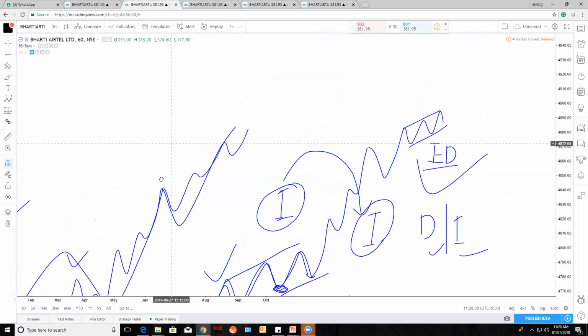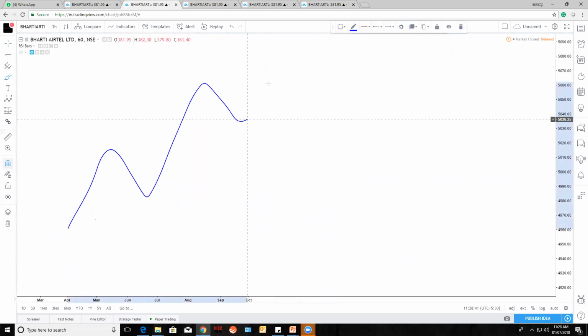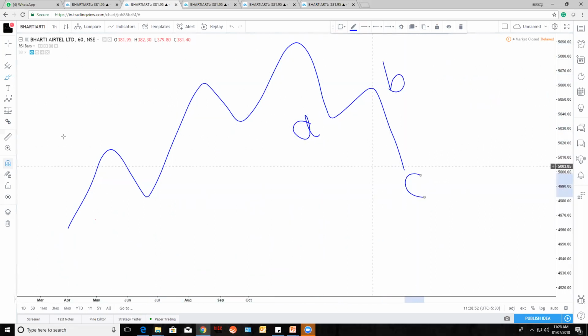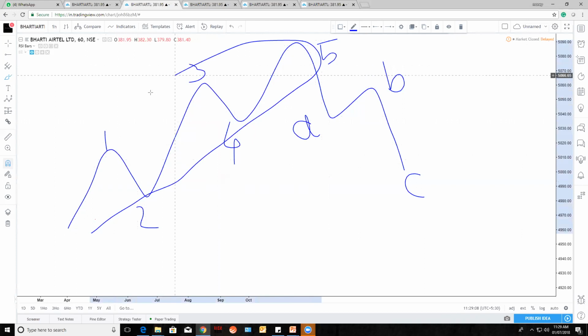Right? Now we will go to this ABC part. Now you have learned this 1, 2, 3, 4, 5, followed by this A, B, and C. So we finished with this, that is the impulse wave 1, 2, 3, 4, 5.